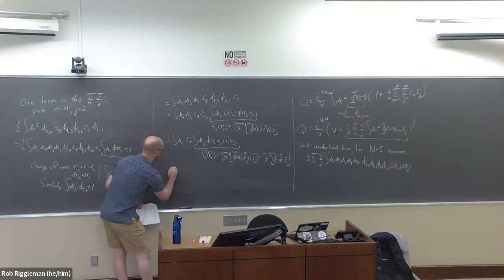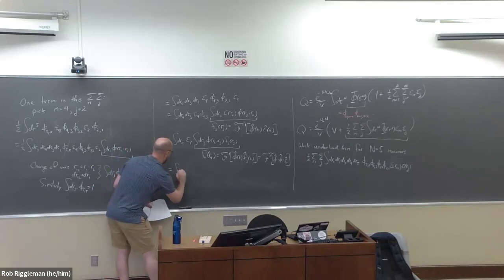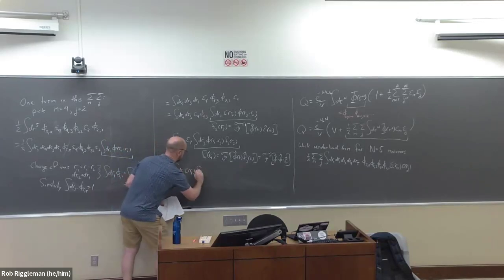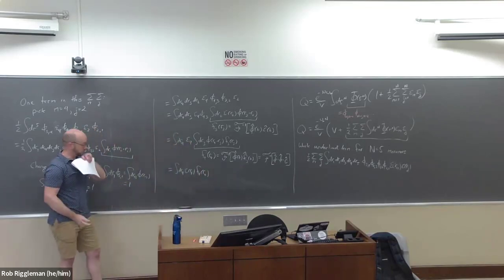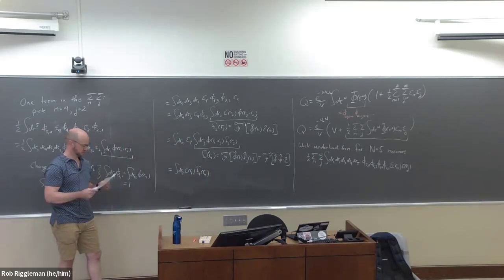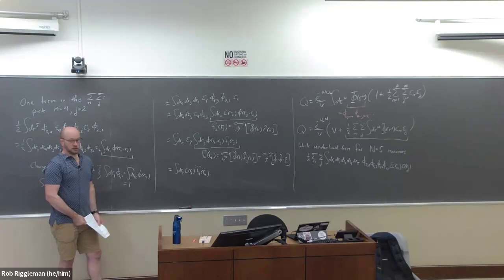All right. So then we have integral dr4 epsilon of r4, this generic function f4 of r4. Right.